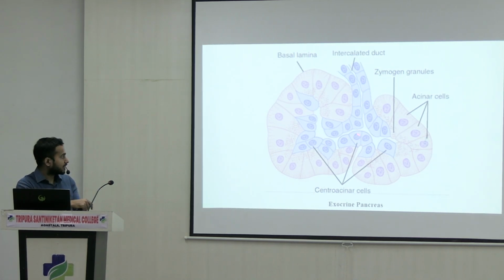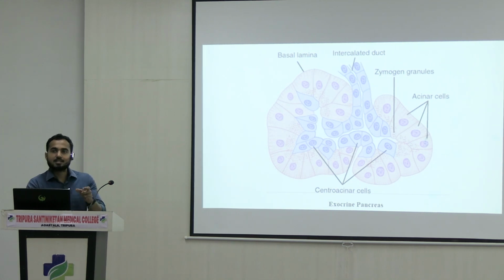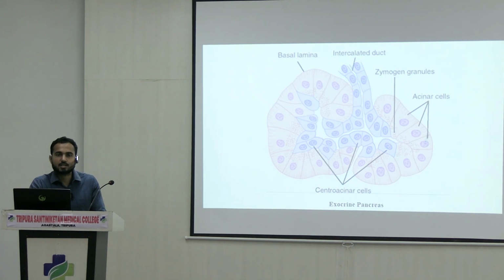At the center you can see some cells whose appearance is different from the acinar cells. These cells are not part of the acini; they are part of the duct, present at the center of the acini. That's why they are called centroacinar cells, and these can be seen under the microscope in high magnification.